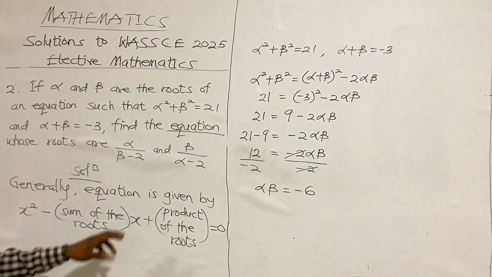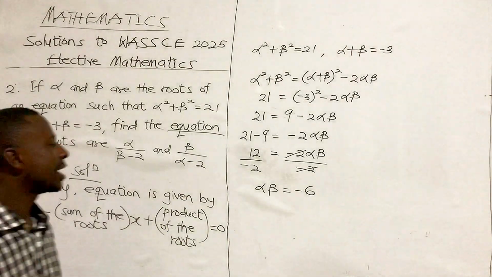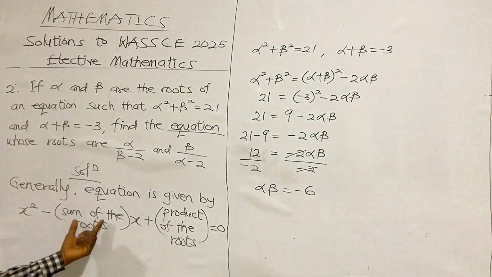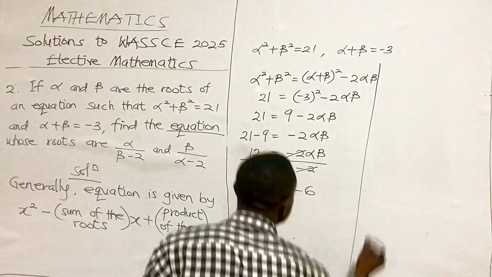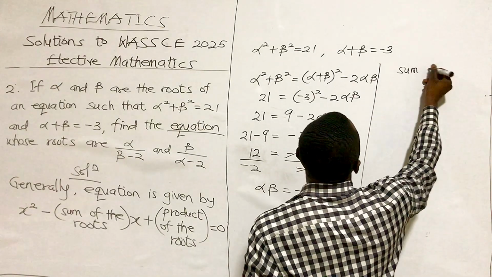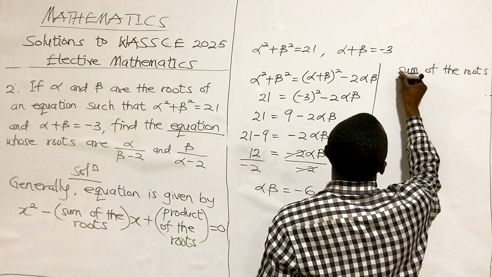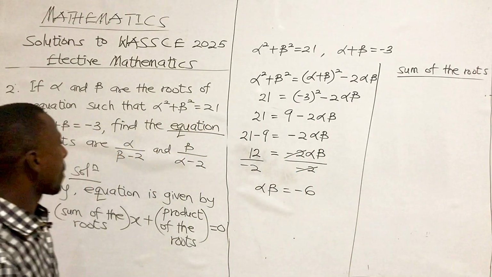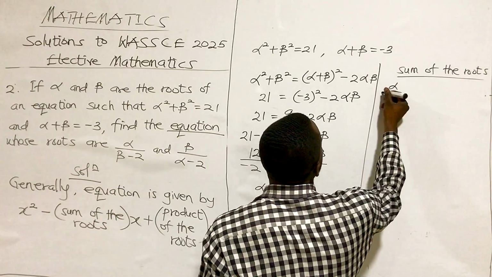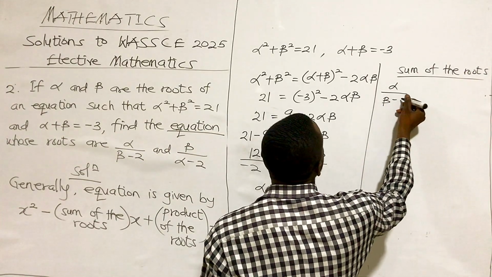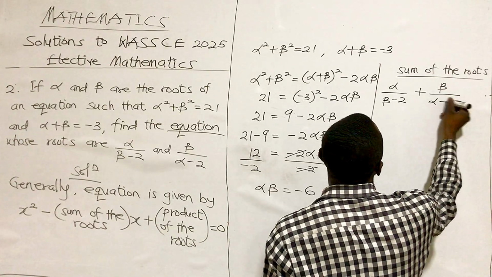Now we are going to find the sum of the roots as well as the product of the roots, then we can make substitution. So let's start with the sum of the roots. The sum is alpha over beta minus 2 plus beta over alpha minus 2.